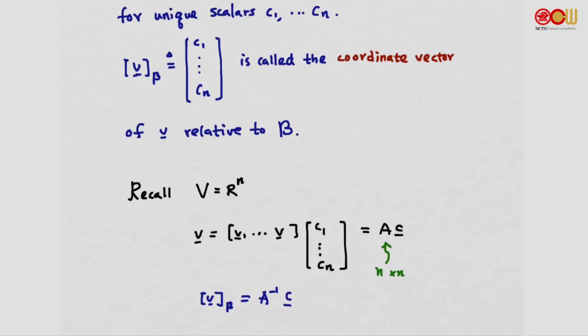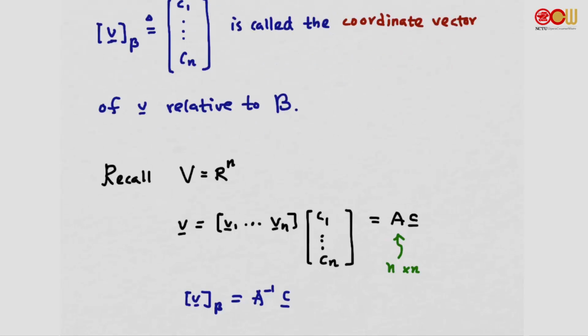Remember the case when V is Rn, we can write the linear combination in matrix-vector form.